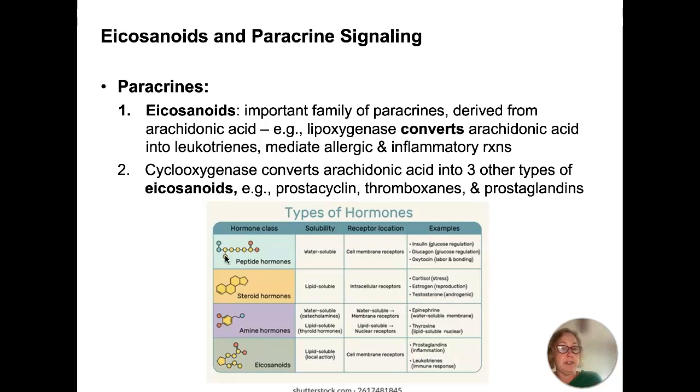Important family of paracrines, derived from fatty acids. So here are some of the lipid soluble ones. These are the eicosanoids right here. They're lipid soluble, and they have cell membrane receptors, and they are mostly involved in your immune response.